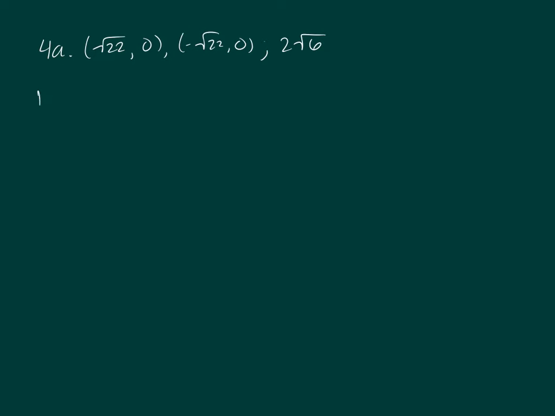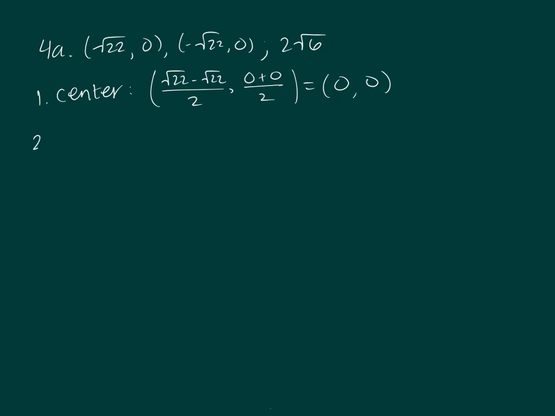Okay, so first thing we're going to do, just like with an ellipse, is find our center. This formula is exactly the same. We're going to use midpoint. So (square root 22 minus square root 22) over 2, comma (0 plus 0) over 2 equals (0, 0), right?